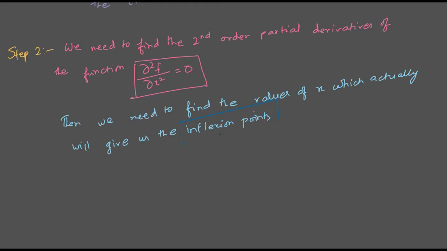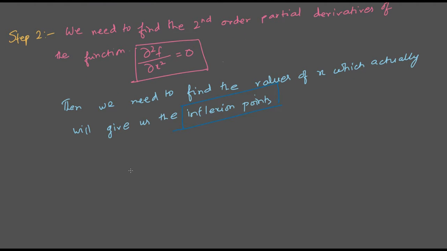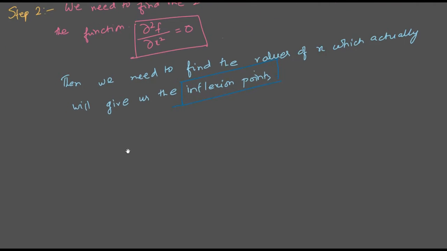We'll come back to this term, inflection point, later in this video. Now just find the second order partial derivative, put it equal to 0, and find the value of x, right? The second step is also very easy, right?